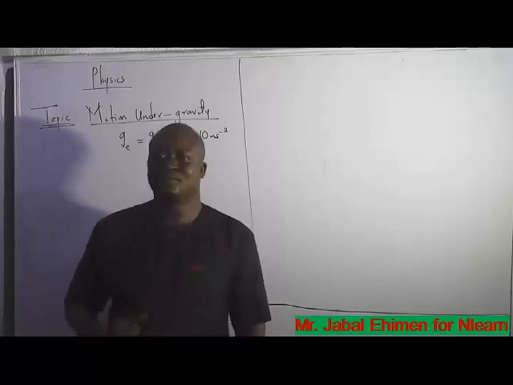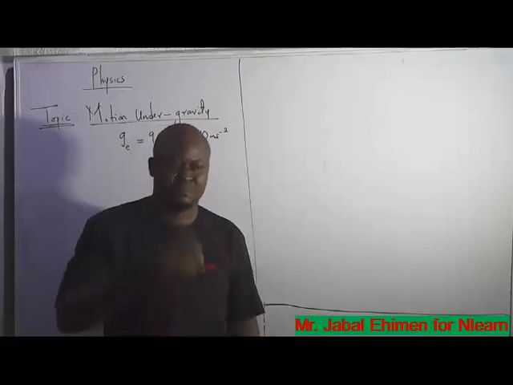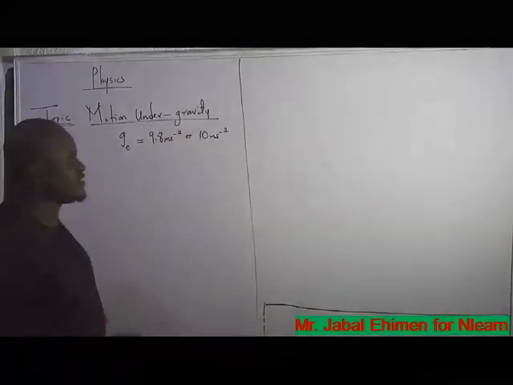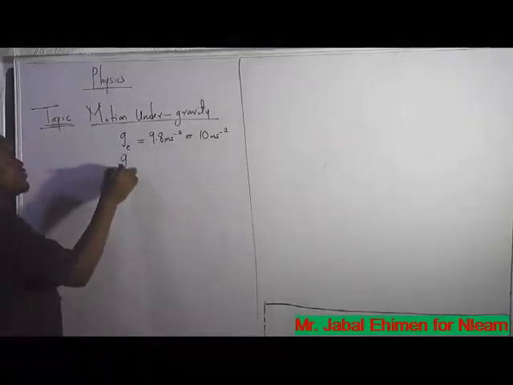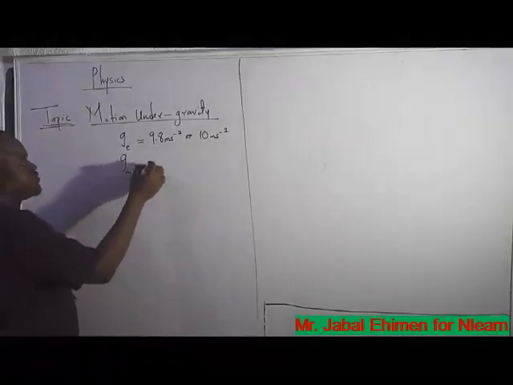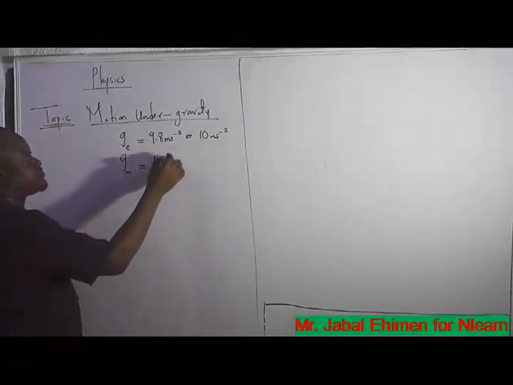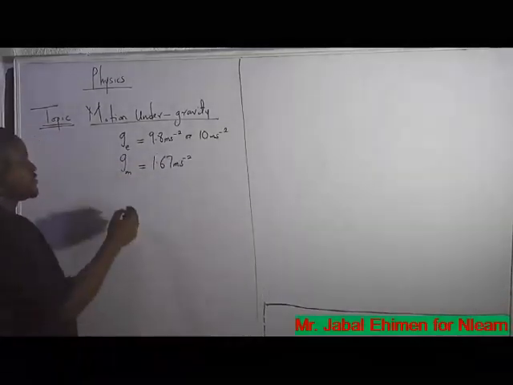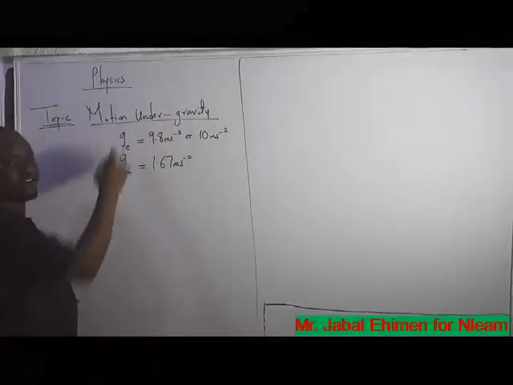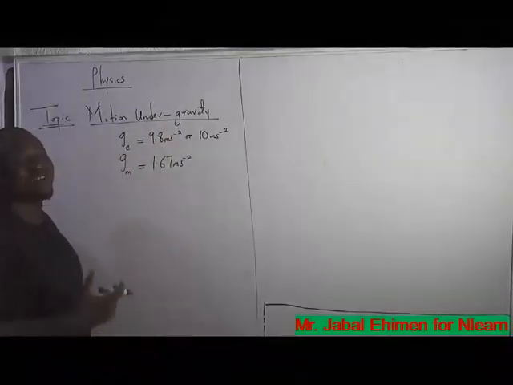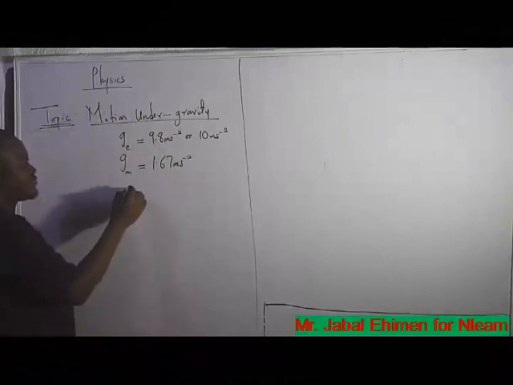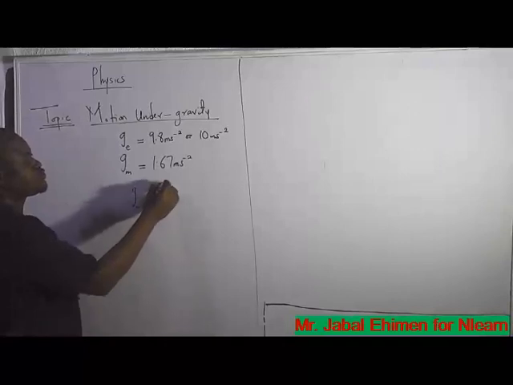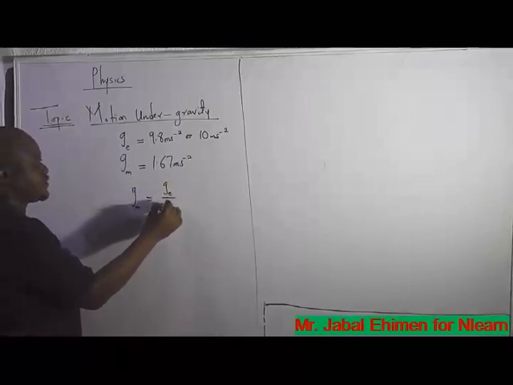Now, on the moon, we also discover, within the limits of experimental errors, that gravity on the moon is about 1.67 meters per second squared. Because of that, we can draw a relationship between the two within mathematical estimations: gravity on the moon is equal to gravity on Earth divided by 6.